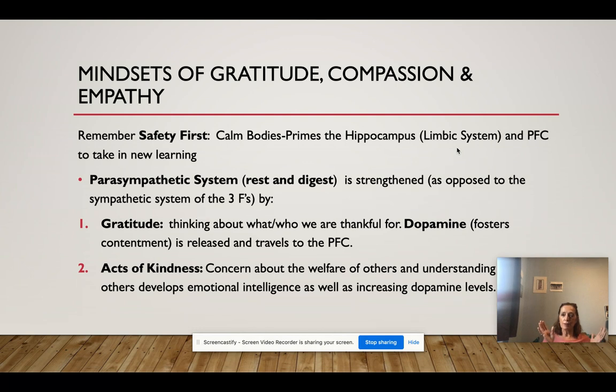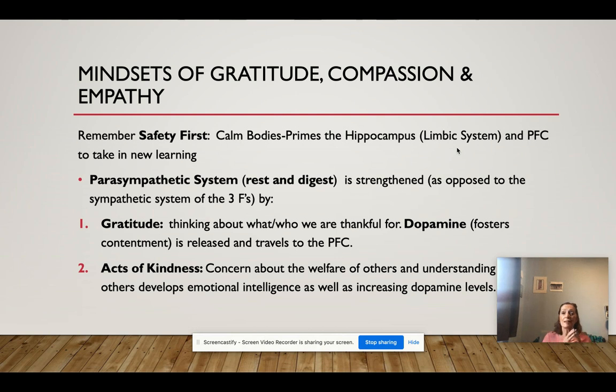And when you do that, that dopamine is going to travel right up to that prefrontal cortex. You're going to see more engaged learners. And, even for us right now, gratitude and acts of kindness during this pandemic, that's what helps many of us, including myself, get through these days.